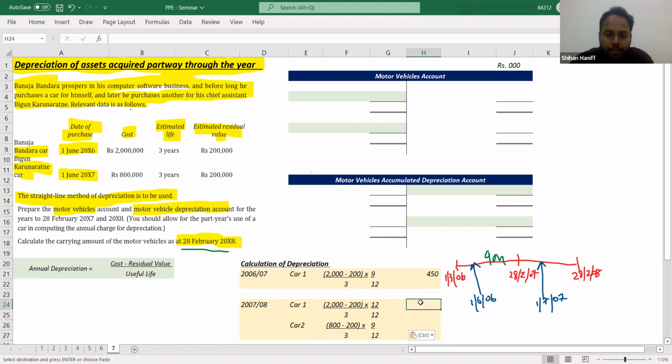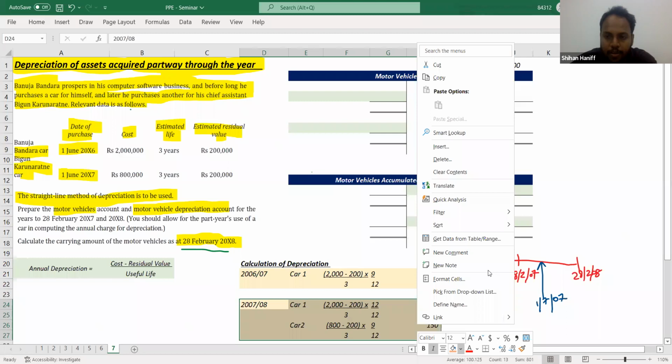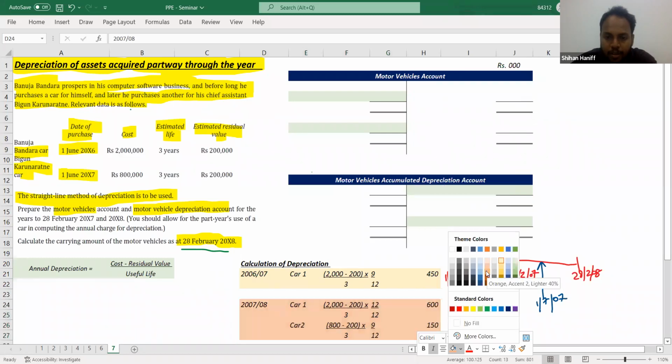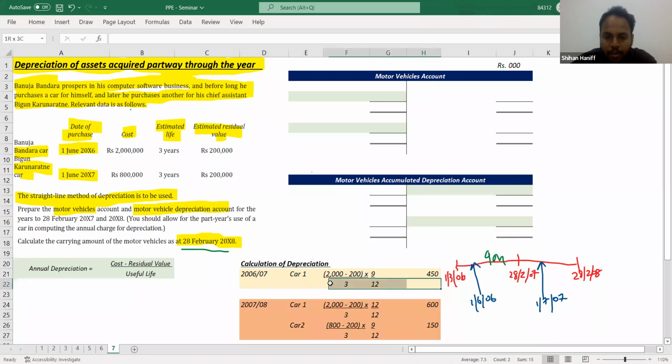Second year depreciation for car 1 is 600, car 2 is 150.